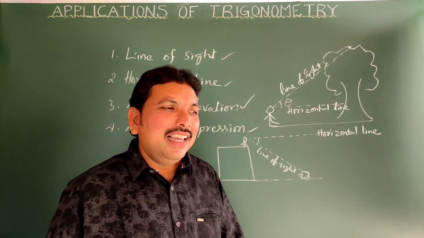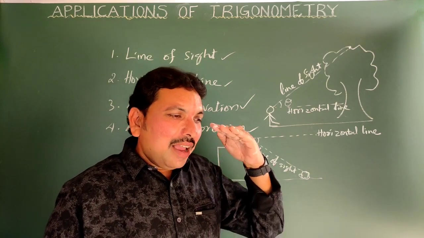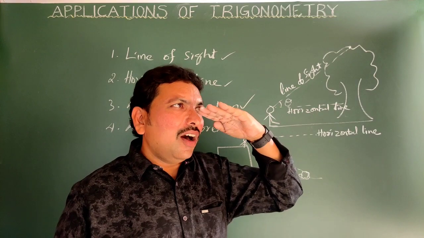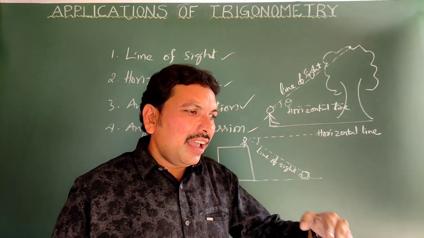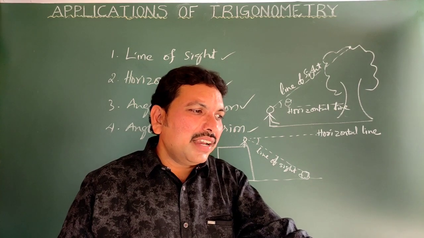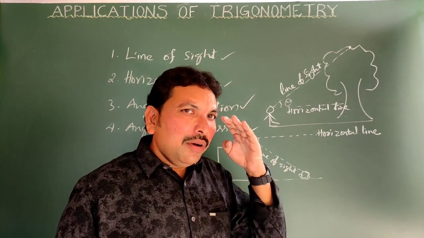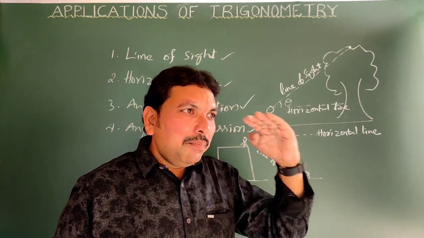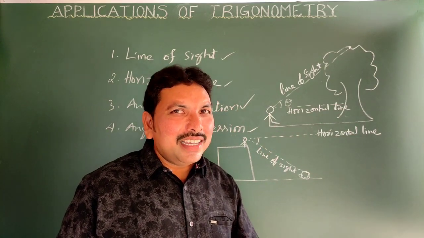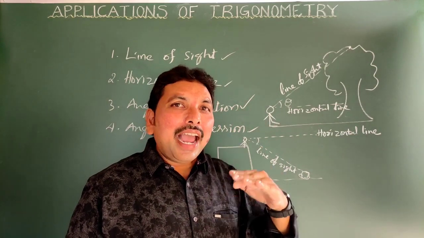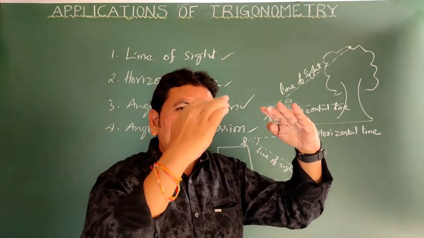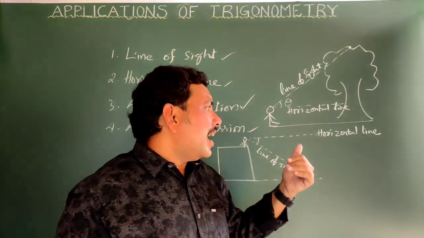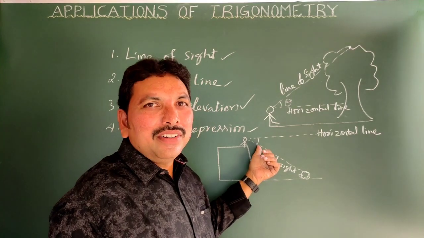Is it clear? If the line of sight is below the horizontal line, like this. If I observe a piece of chalk there, my line of sight will be below the horizontal line, or not? Yes. So that's why the angle between horizontal line and line of sight is called angle of depression. So suppose this angle is also theta.